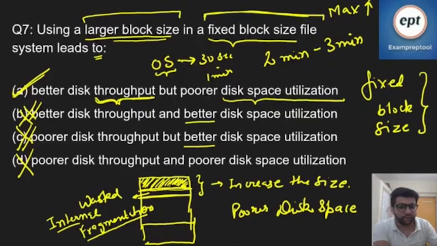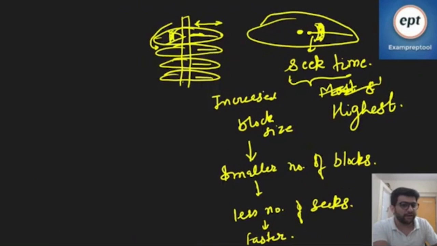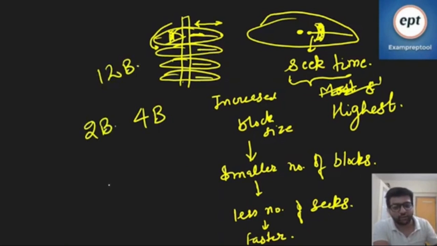So we have to remember two things here. If we have been given a fixed block size, then there will be some internal fragmentation, right? And that could lead to some wastage of disk space, right? That is why poorer disk space utilization. And if we have increased block size, then for a large file, let's say we have a block size of 4 bytes and the file size was 12 bytes, and let's say if we had a block size of 2 bytes.